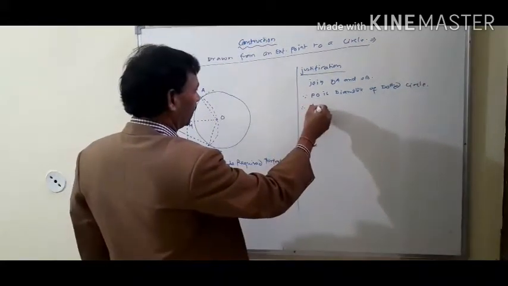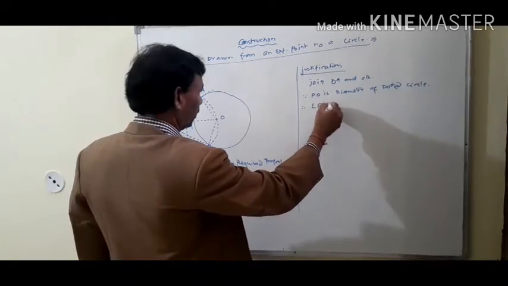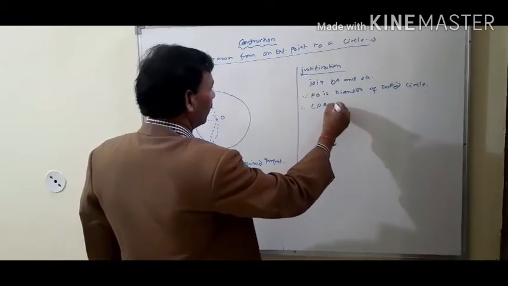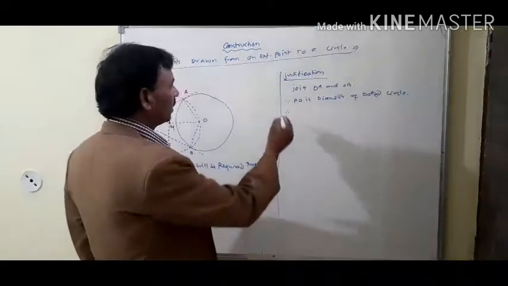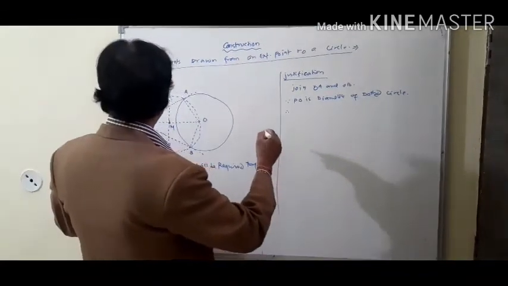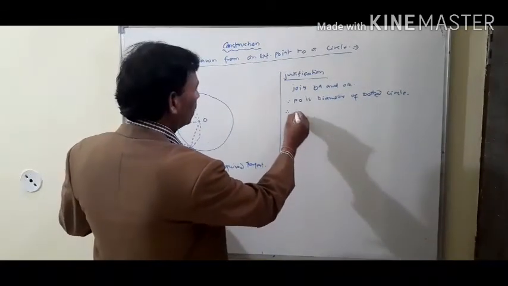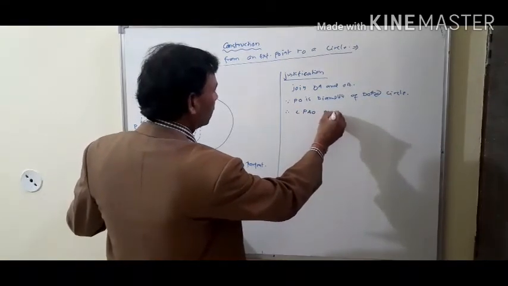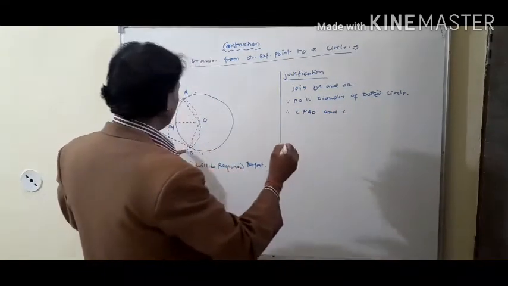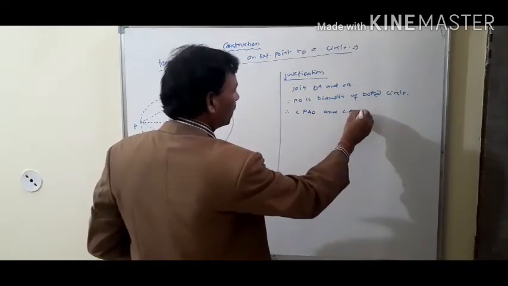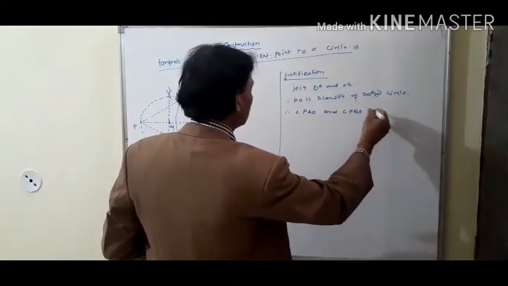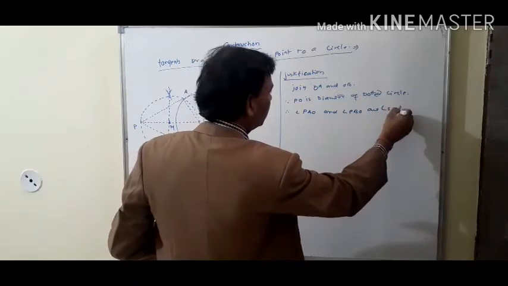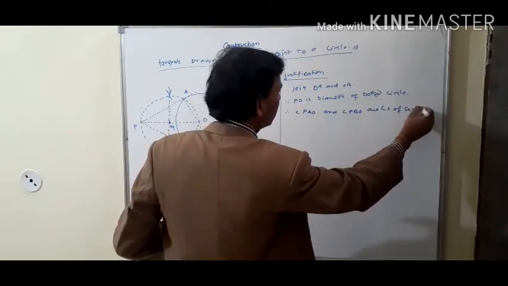therefore angle PAO and angle PBO are angles of a semicircle.